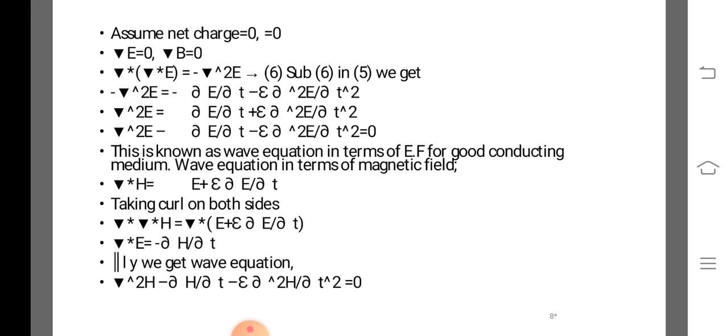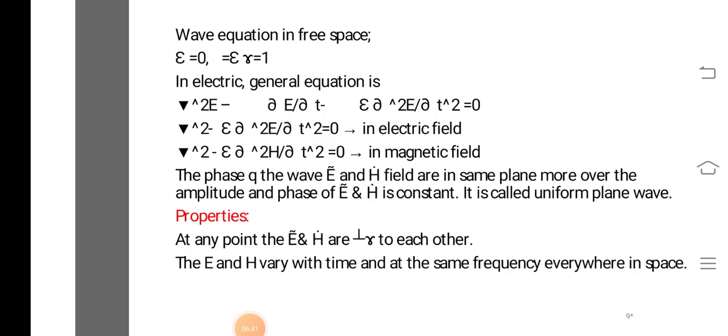Similarly, we get the wave equation del squared H minus mu sigma dou H by dou t minus mu epsilon dou squared H by dou t squared equal to 0.